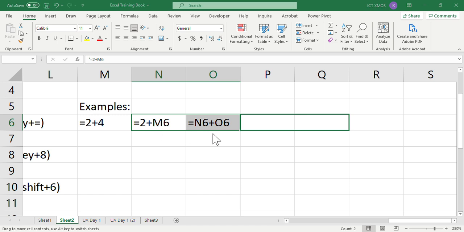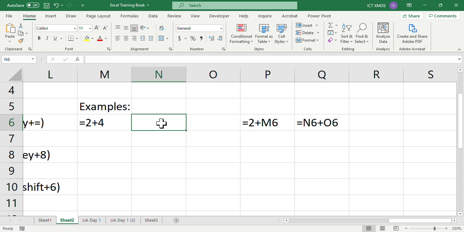When you enter the formula 2 plus 4, Excel will give you the answer directly instead of what you are seeing on the screen. So 2 plus 4 equals 6.